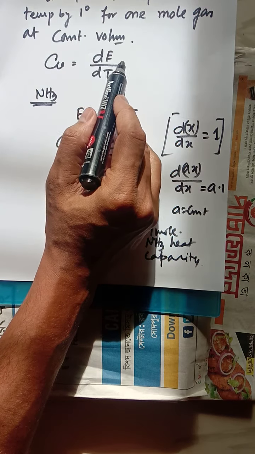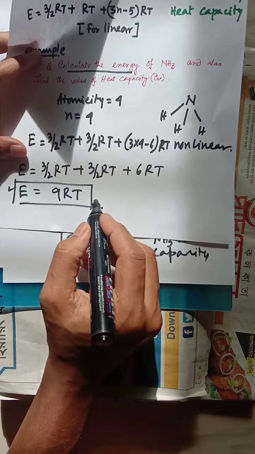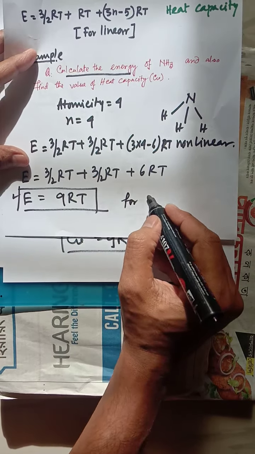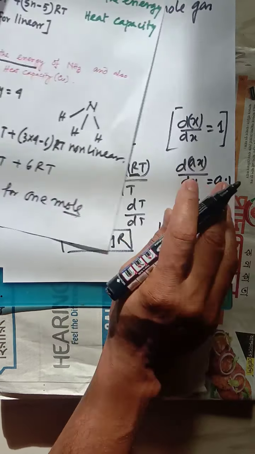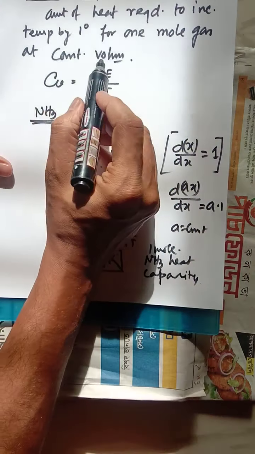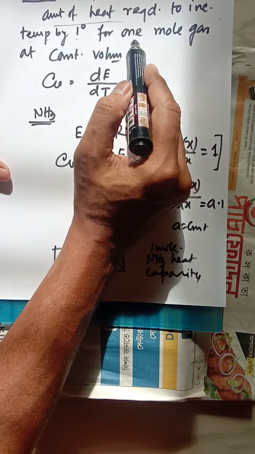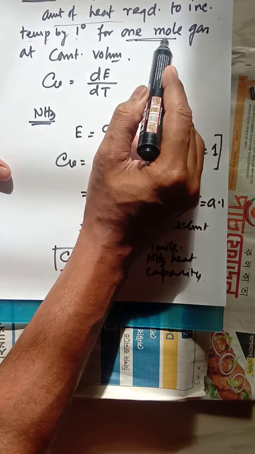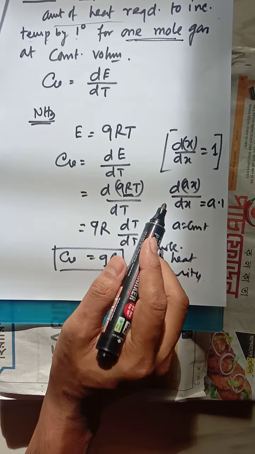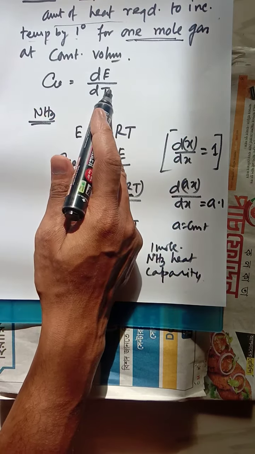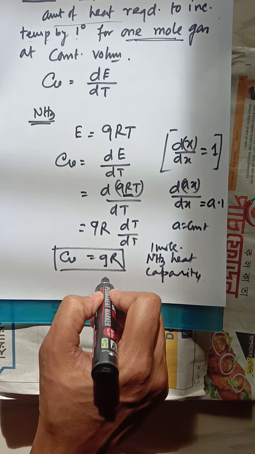Hope we have understood how to calculate the heat capacity in a very simple way. At first we have to find the total amount of energy for 1 mole. The heat capacity is the amount of heat required to increase the temperature by 1 degree for 1 mole, so we find the 1 mole energy, put this value in, and ultimately find the heat capacity value.